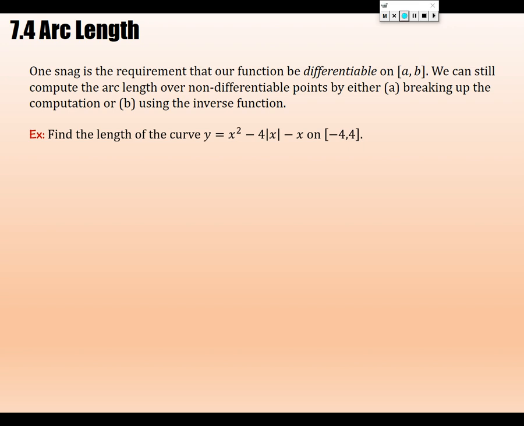So I think it goes without saying, maybe even though you haven't looked at this curve, that this is not differentiable at what particular place? At x equals 0. Yeah, we have a different slope from the left and from the right on this curve as we approach 0. So this is going to be a little bit of a problem, but not too much. It's still a continuous curve. It's still defined for all values between -4 and 4.